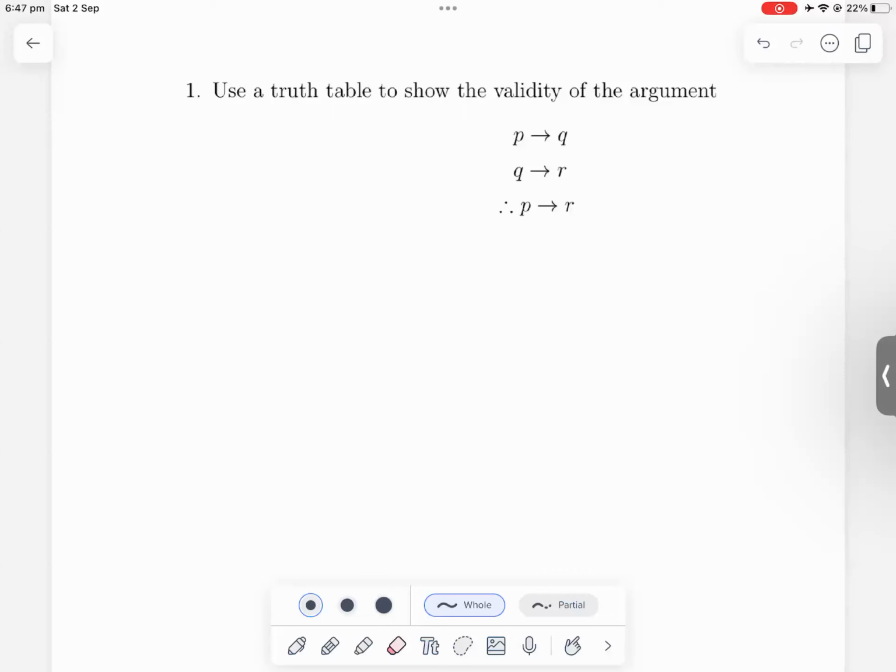Hi guys, I wanna solve some of the questions for the practice test which is provided for the mid-semester exam. So question one is this: the truth table for proving this.